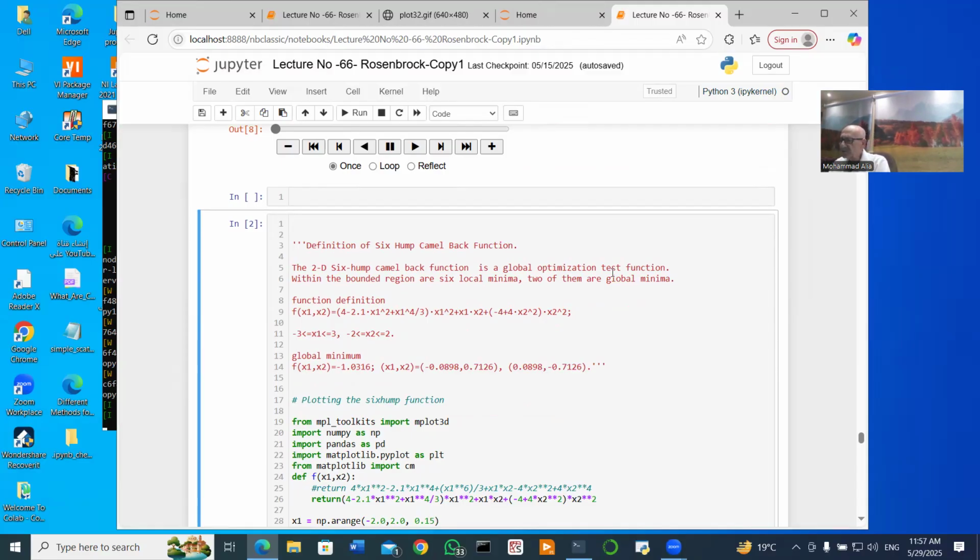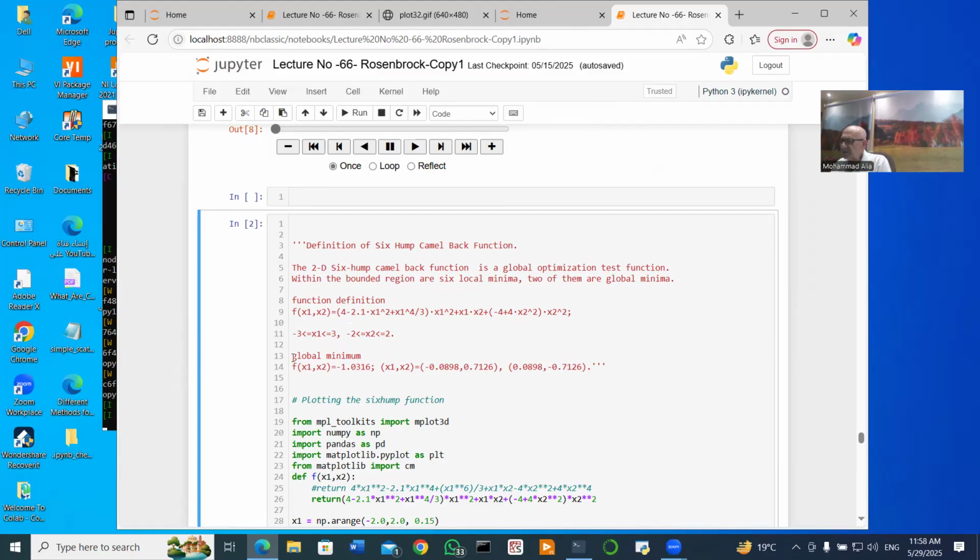It has only two variables, x and y, or x1 and x2, as given here in its definition. The bounds of the variables are very close. For x1, it lies between -3 and 3, and for x2, it lies between -2 and 2.